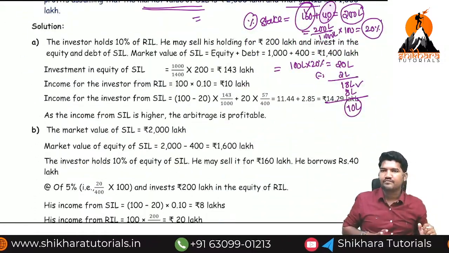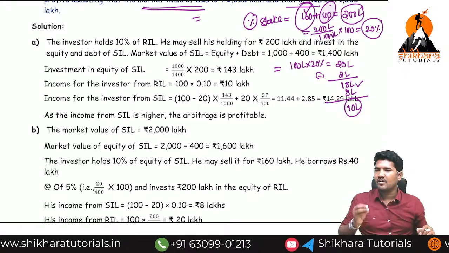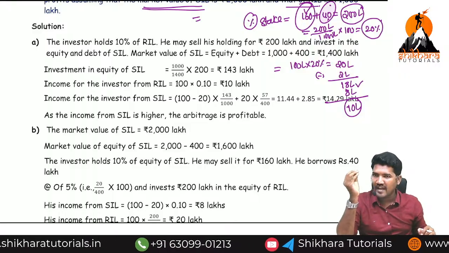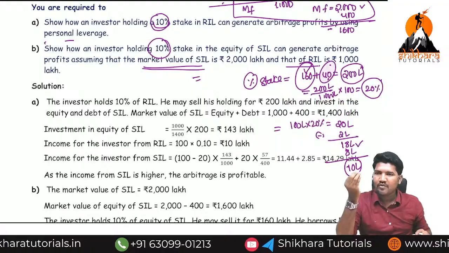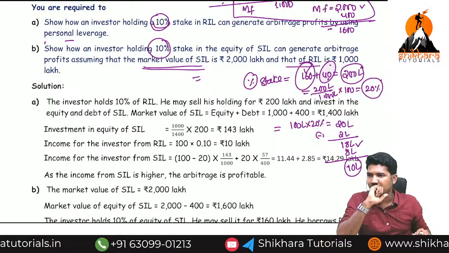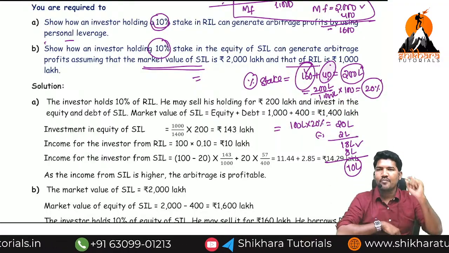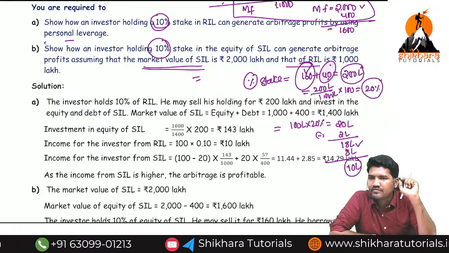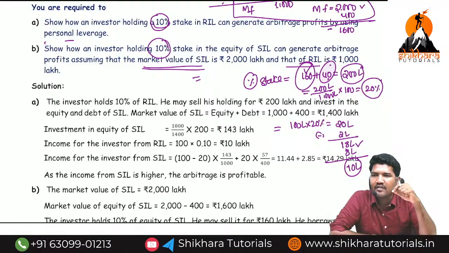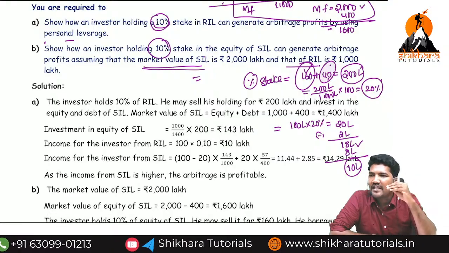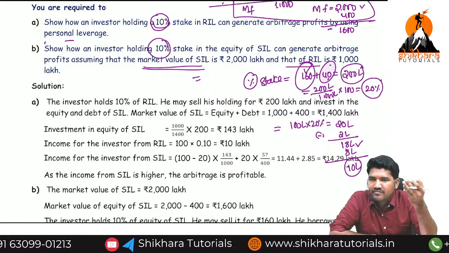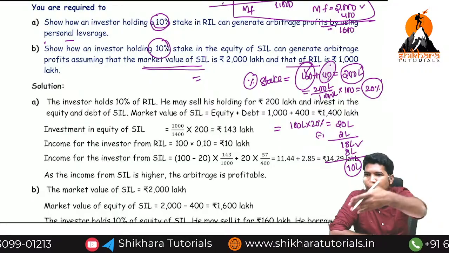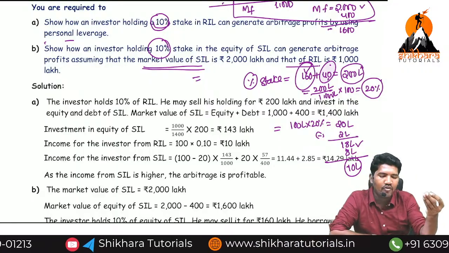First, I will explain how to calculate. If you have time, please write down the solution with neat presentation. Step 1: calculate the existing benefit you are receiving. Step 2: calculation of the amount for investment, that is, if you sell in your company, how much amount you have in hand.